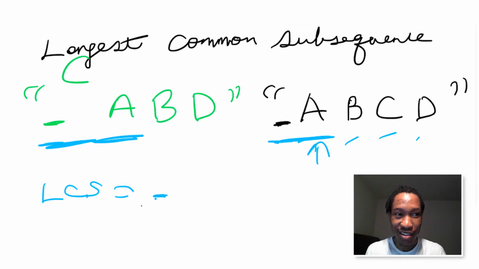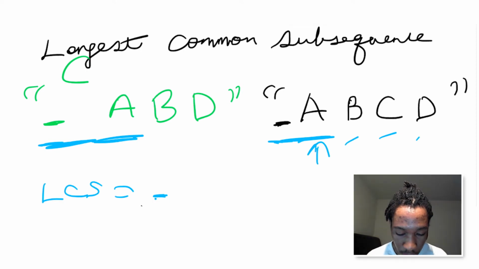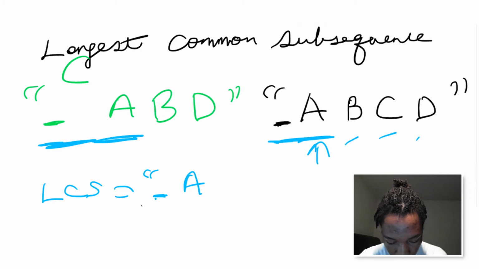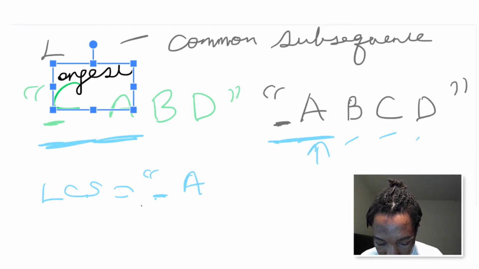I just thought it would be easier to understand that way. Cool. A and A are equal, so we append A to the longest common subsequence. And then we continue. Need to bring C back, because we only took it out temporarily.